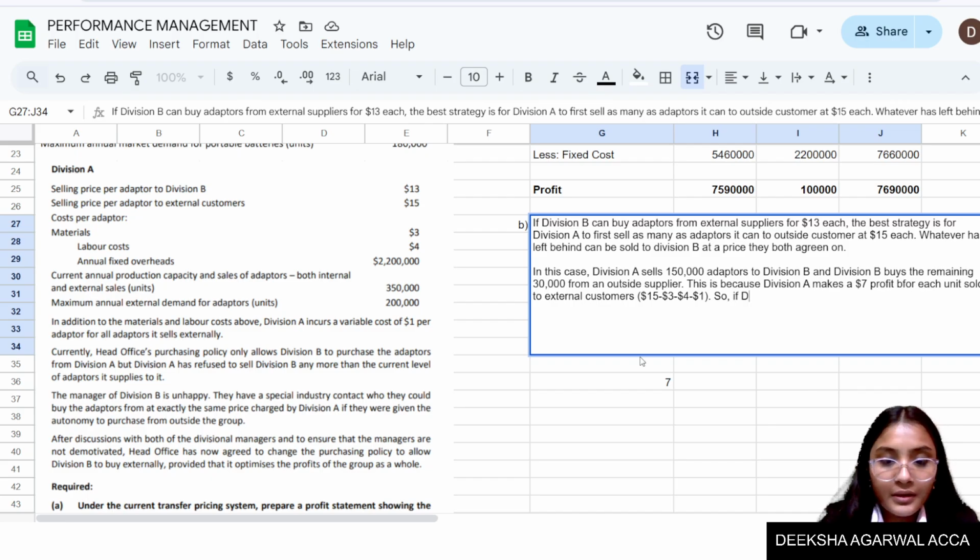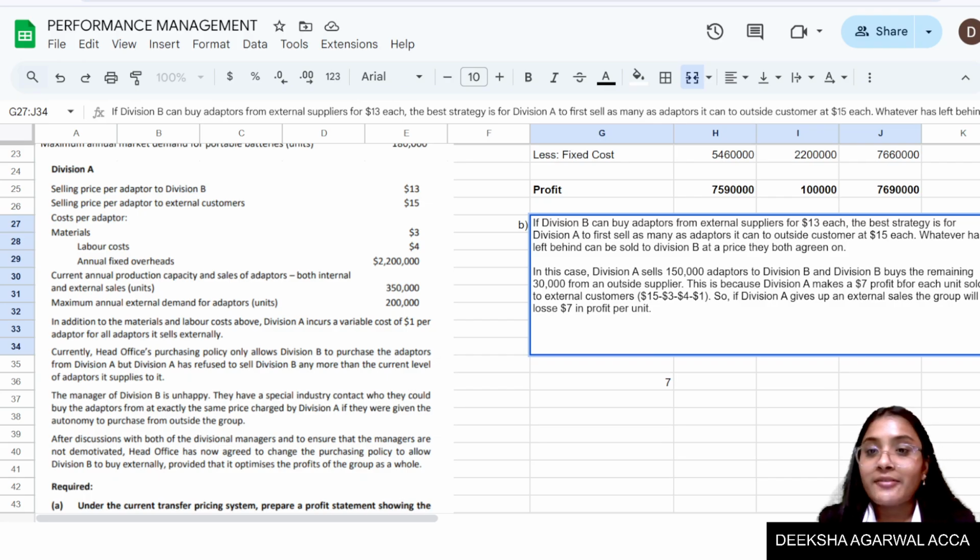So if division A gives up some external sale, what will happen in that scenario? The group will be losing $7 in profit per unit.